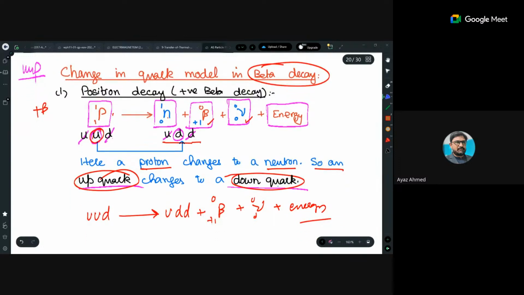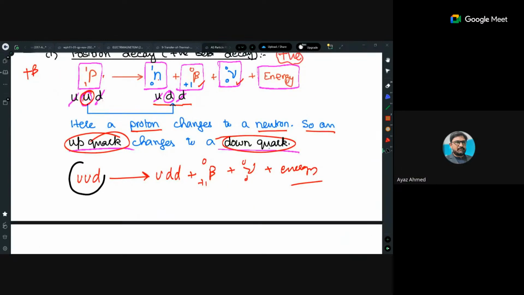Then the charge change in the quark model of beta decay. As I told you, beta decay has two types. In positive beta decay, a proton is converted into a neutron, and along with a positron, a neutrino and energy are released. The proton consists of three quarks: up, up, down.